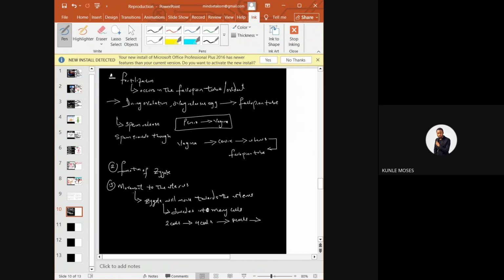It will keep dividing. As it is dividing, later it becomes an embryo. I'm just trying to teach you this stage as we round up reproduction.